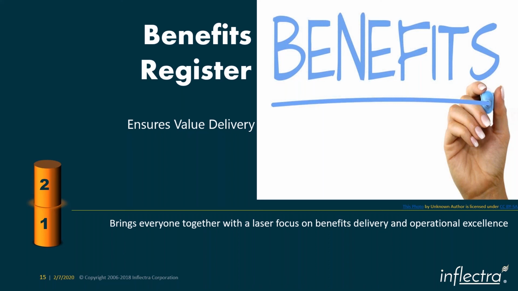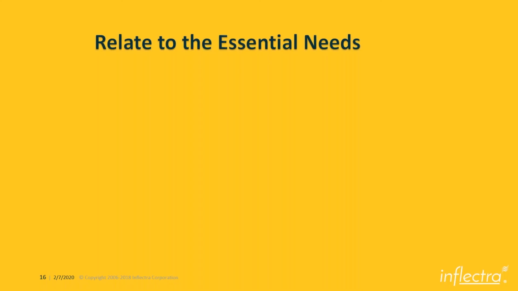So we need to have a focus on the benefits as a register. So have we delivered this benefit, right? So when you look at that, you need to come back to the essential needs. And I'm not talking just about the project needs or the backlog and things like that. Go back to the actual users and the organization, right?